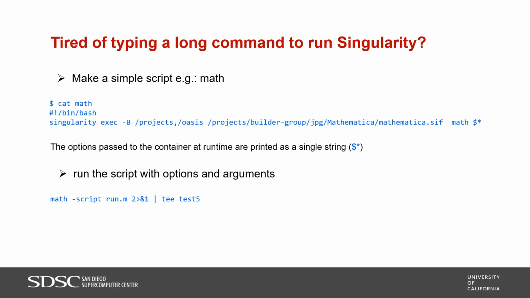At runtime, you can just run this script instead of running that long Singularity command. And the options passed to the container at runtime are printed as a single string, as it is here. And you can then run this bash script.